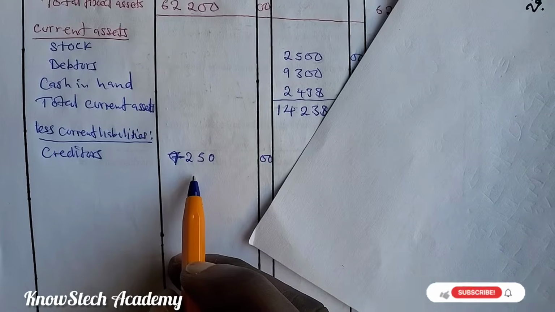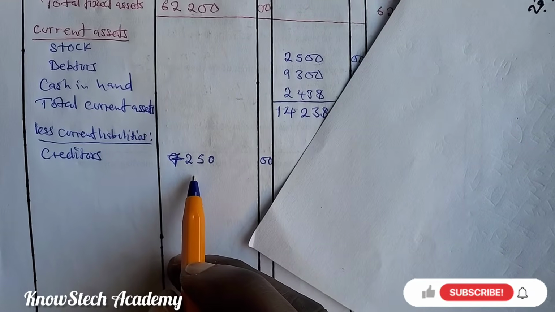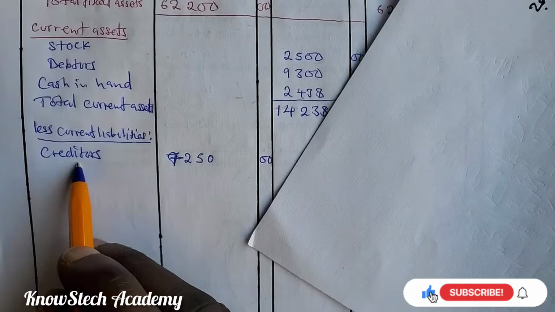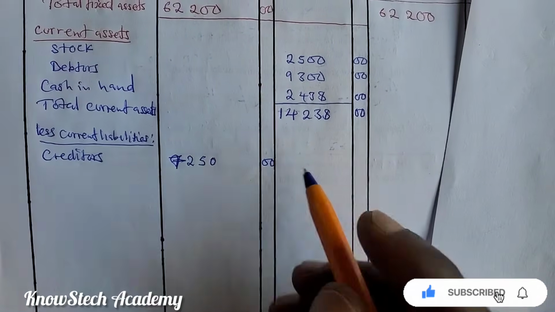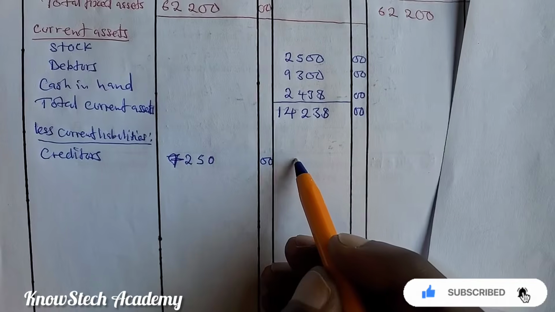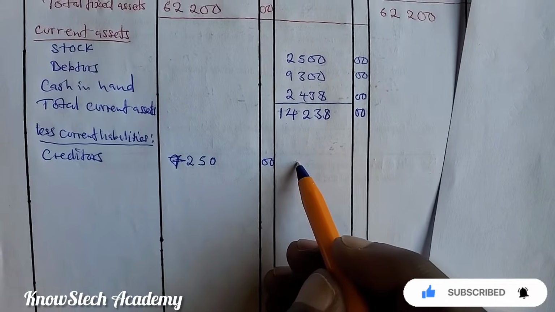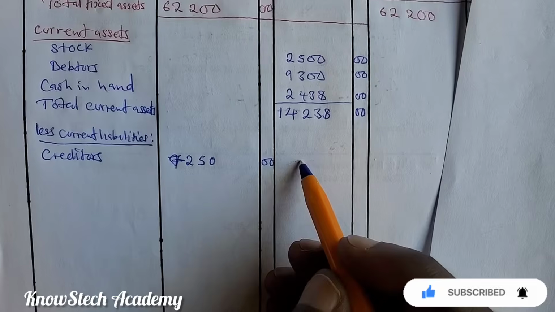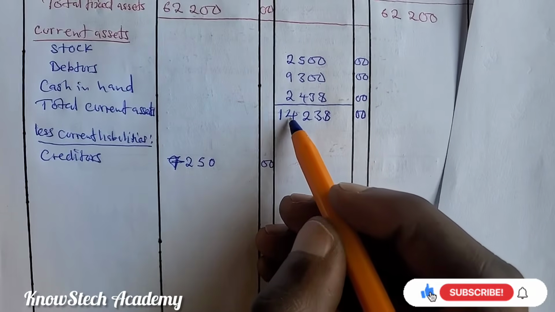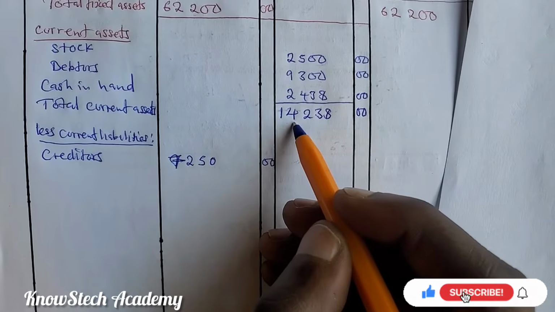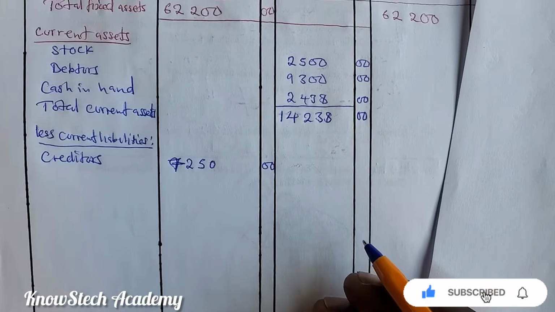Because we have more than one current liability. If it was just one here as creditors, this amount would have gone to the third column, so that we subtract it from the total current assets and come up with the working capital.